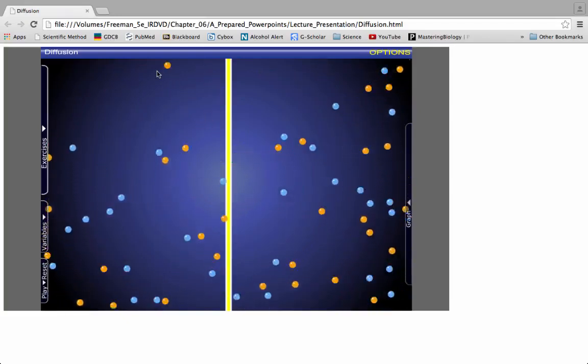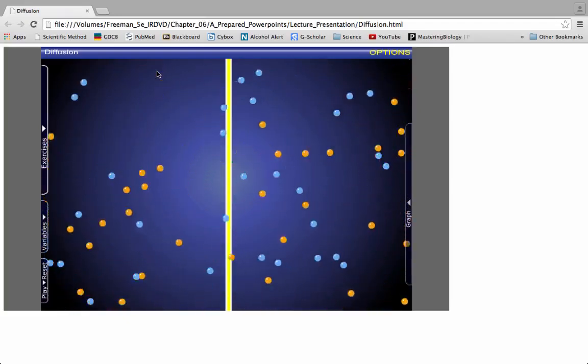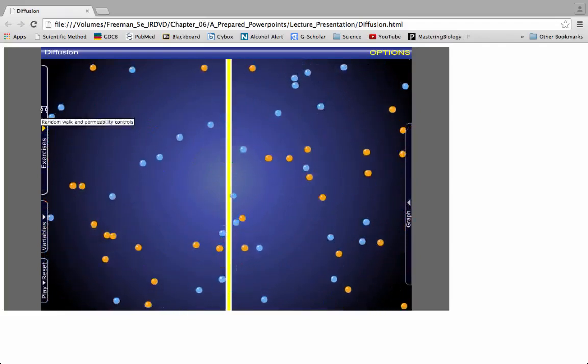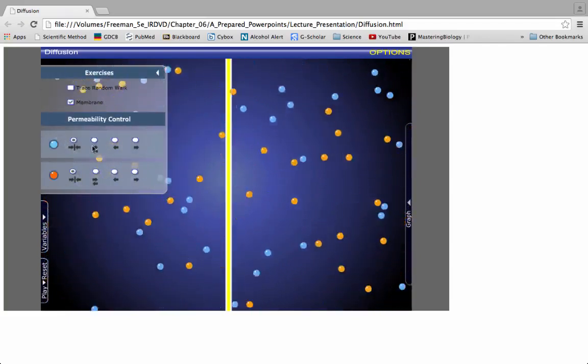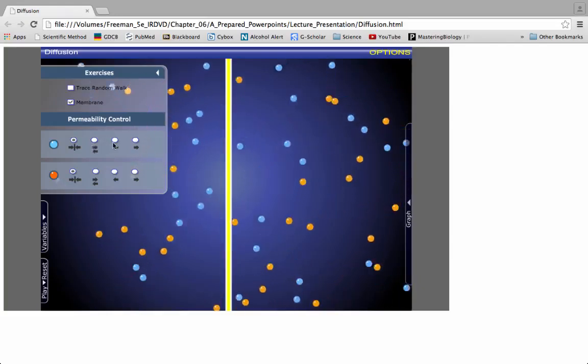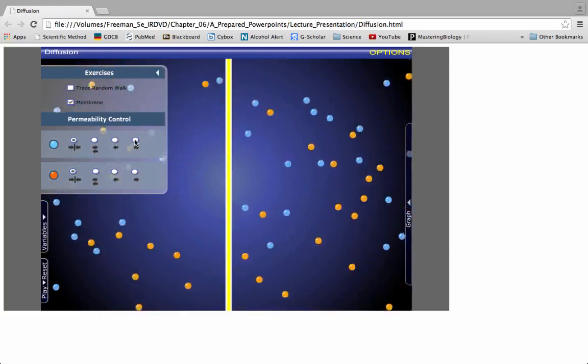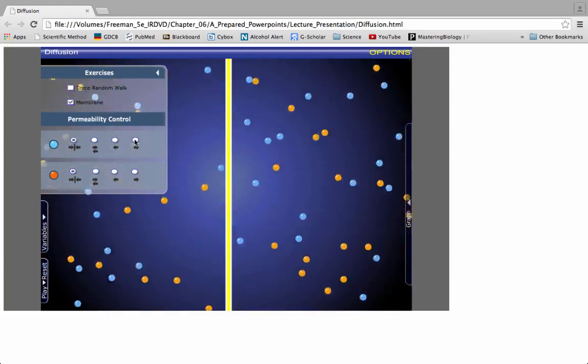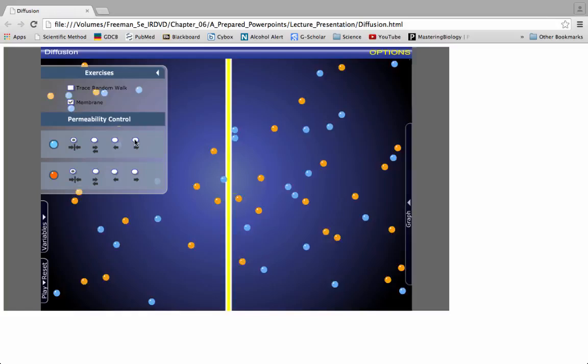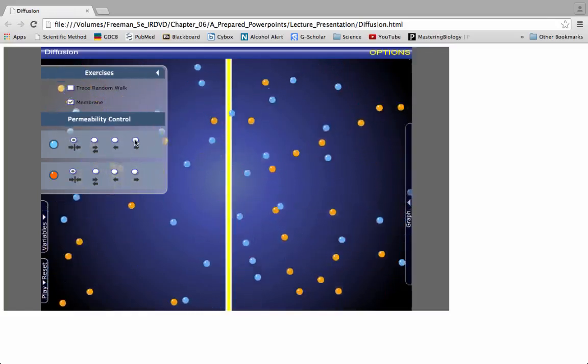Right now it's not permeable to either blue or orange molecules. Now let's make it permeable to the blue molecules. And let's make it permeable such that these blue molecules are able to move to only one side, in only one direction.